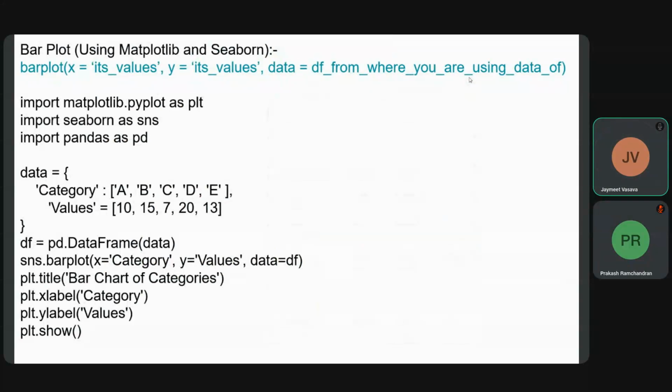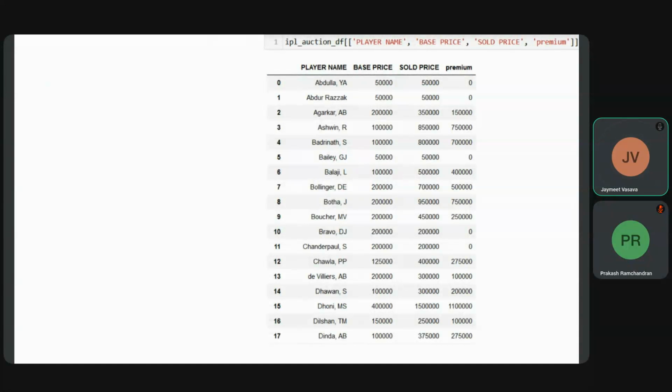Now, remember that in the previous session, we discussed players and which are the players which carry a premium price. Premium price is nothing but, there is a base price, and which players were sold at a price which was greater than the base price.